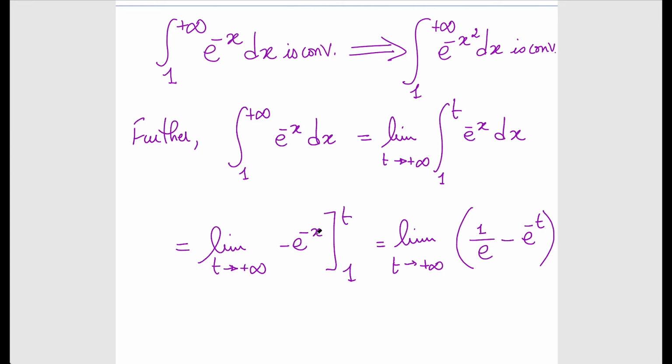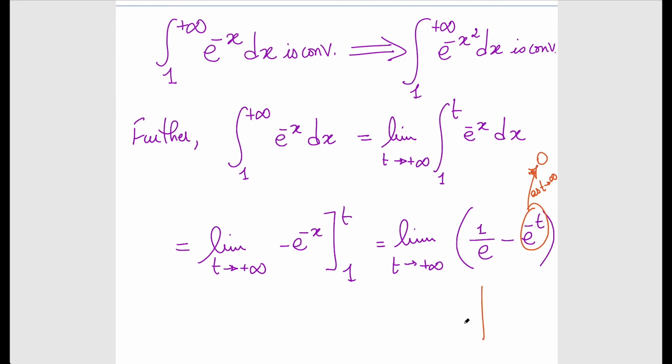So one more time, at the lower bound, e to power negative 1 is 1 over e, and at the upper bound it's e to power negative t. Okay, when t goes to infinity, what happens to this? This goes to 0 as t goes to infinity. Why?